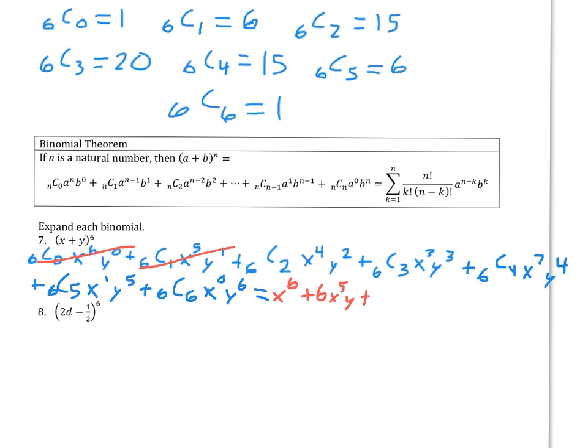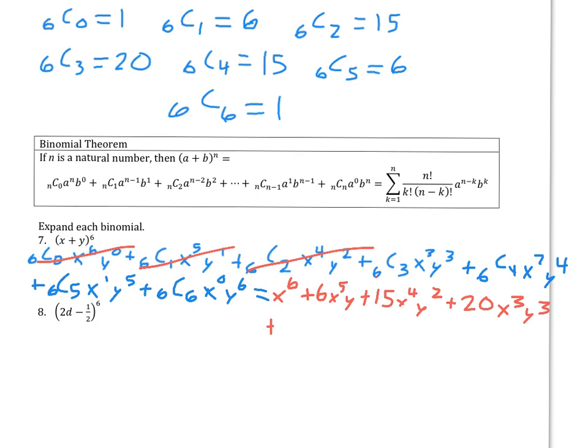Plus 6C2. 6C2 is 15, x to the 4th y squared. Plus, alright, so we did this one. 6C3 is 20, x to the 3rd y cubed.